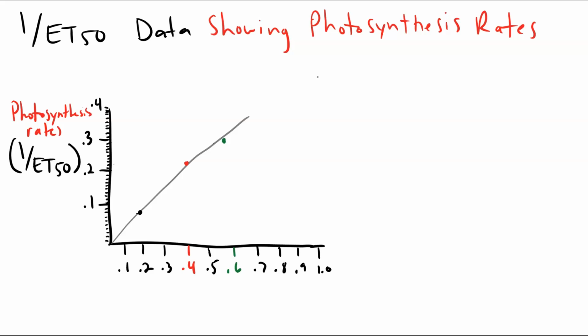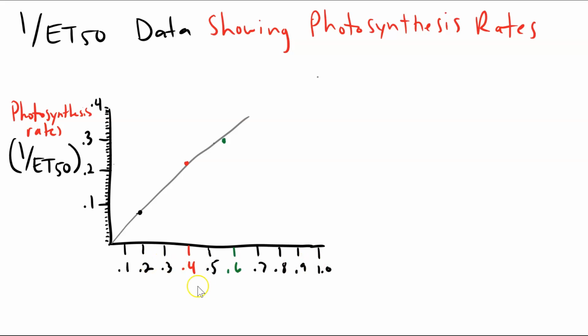So if we plot that data on a graph that now shows rate of photosynthesis, which is your dependent variable, over here on the y-axis, and the unit being 1 over ET50, you see we only have to go all the way up to 0.4 because our values lie between 0 and 0.4.